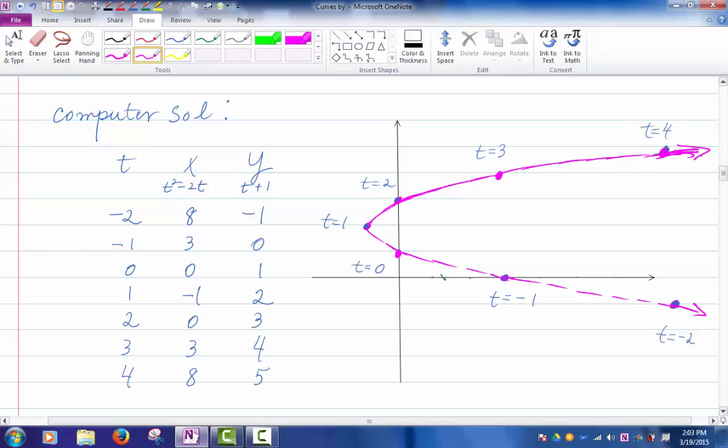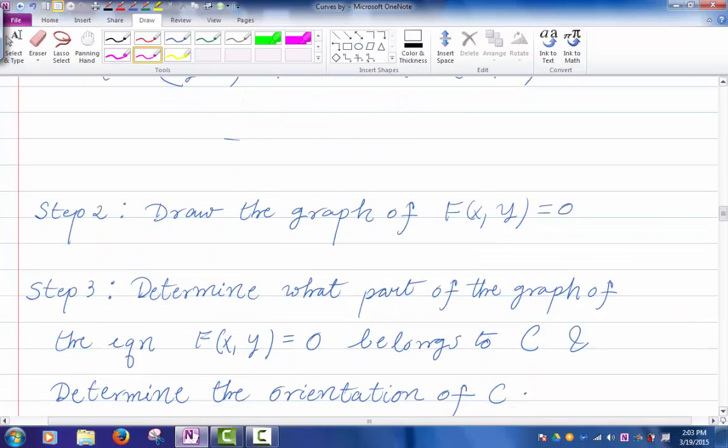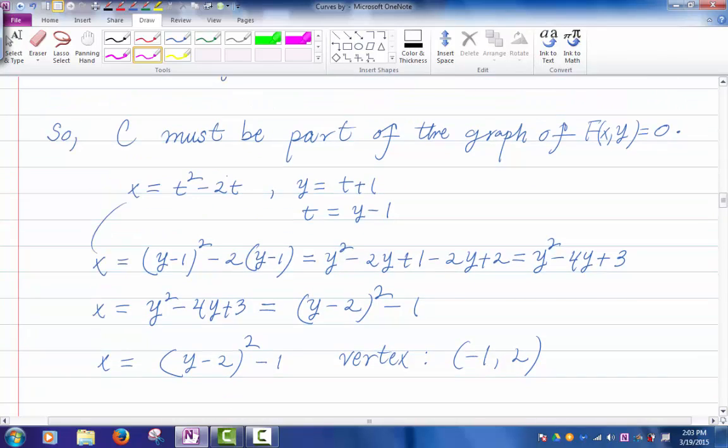Okay, so that's the graph of that equation. So far, what do I know? From my work eliminating the parameter t and getting an equation between x and y, and then sketching its graph, every point on the curve satisfies the equation of the parabola.